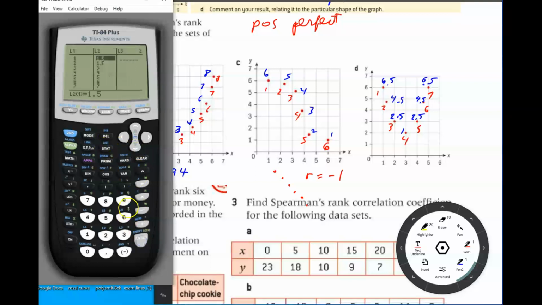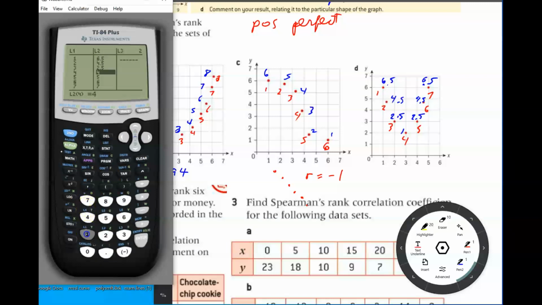So we'll do stat edit again, and we'll number the first column from 1 through 7 for the red numbers. And then in the second column, we're going to have a pretty weird order here. So 1 corresponds to 6.5. 2 corresponds to 4.5. 3 corresponds to 2.5.